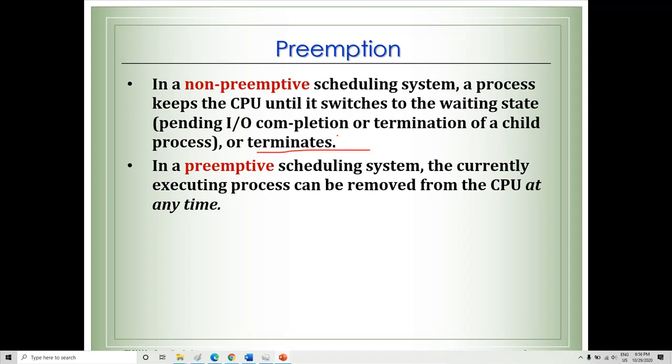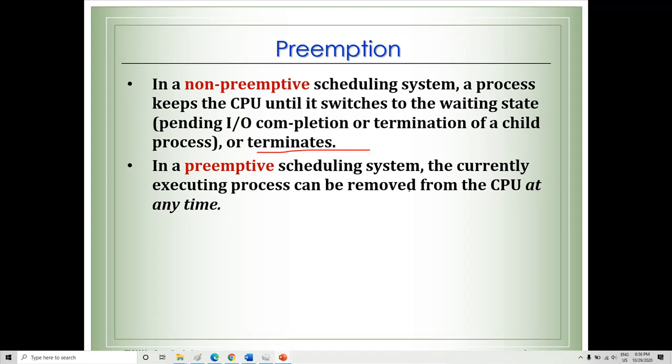Till then the process can hold the CPU as far as the non-preemptive algorithm is concerned. So when you start solving the problems, that time you would understand very clearly.